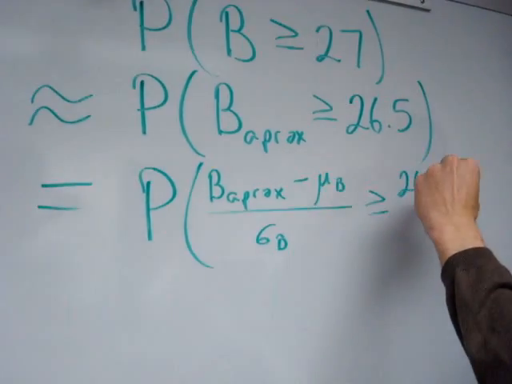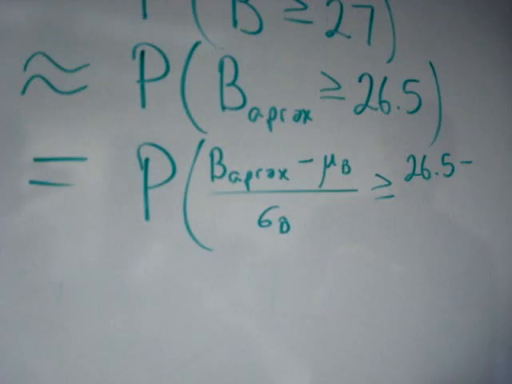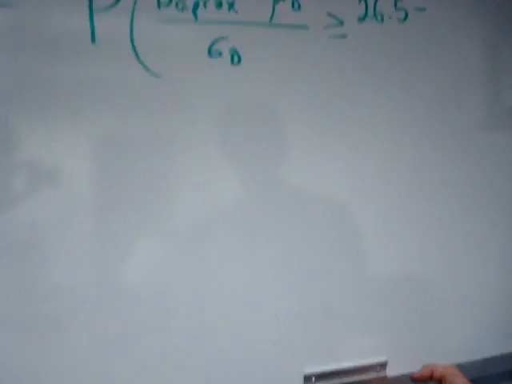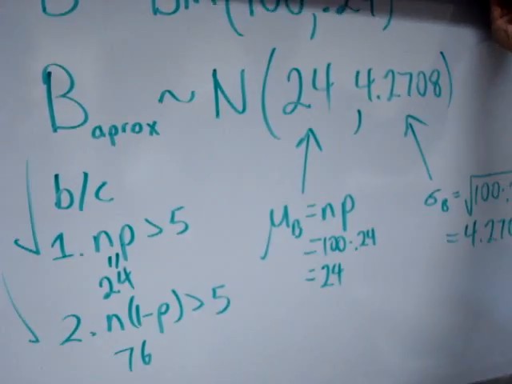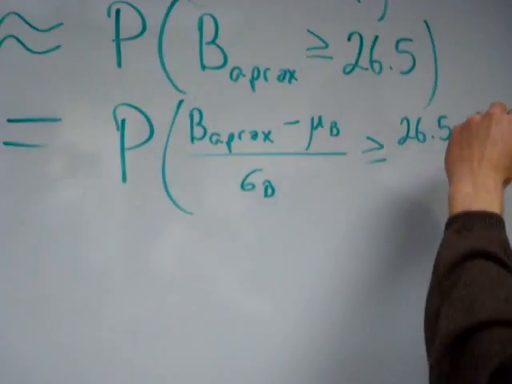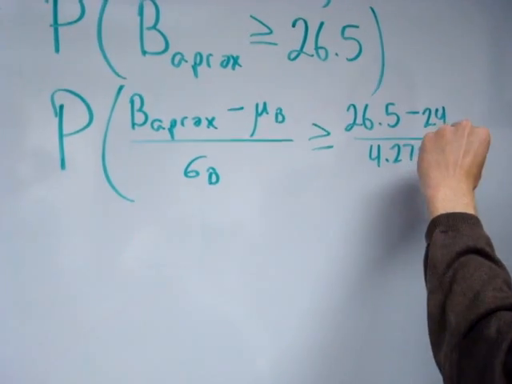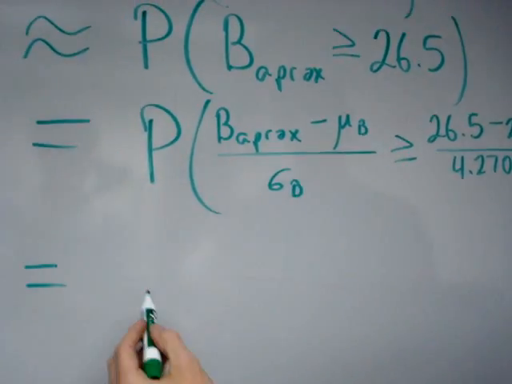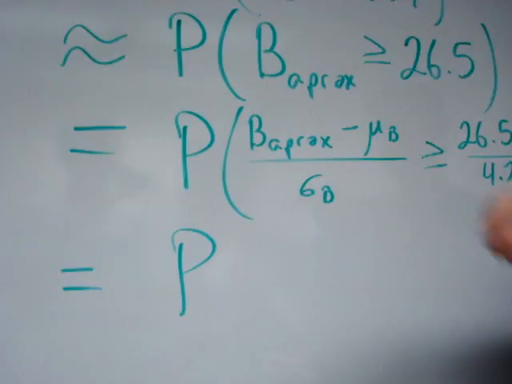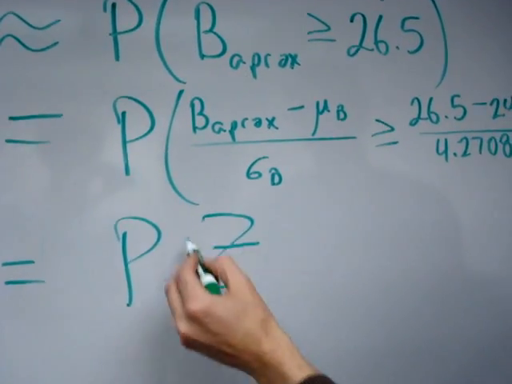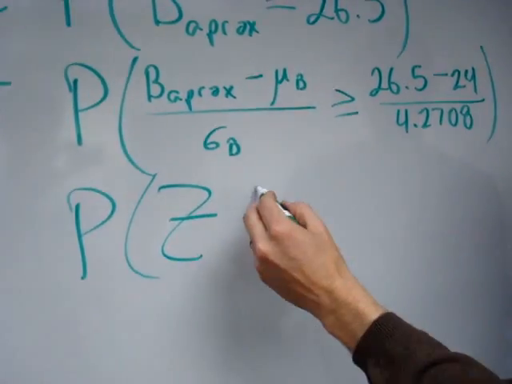So we'll do the same thing over here for the 26.5. We'll subtract 24 and divide by 4.2708. Because we took something that was at least approximately normal and standardized it, we'll get a Z random variable, where Z is a normal 0, 1.